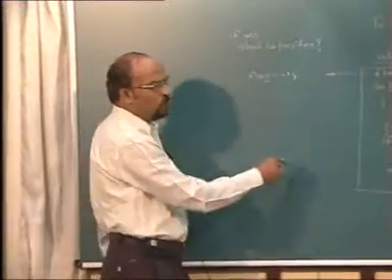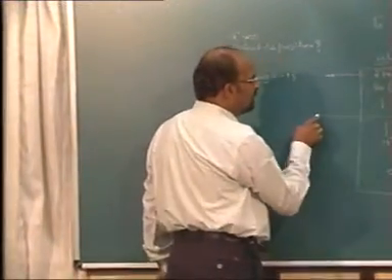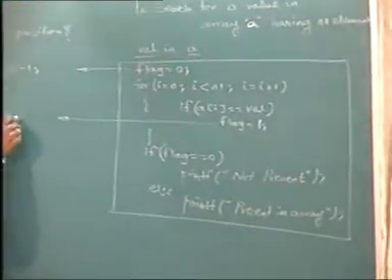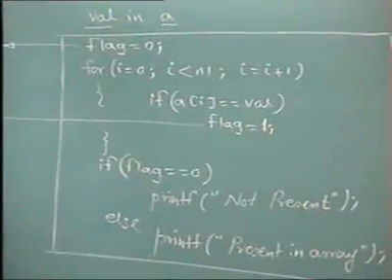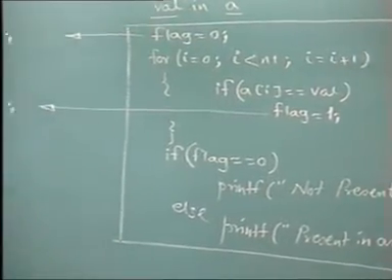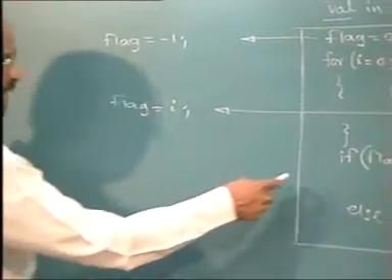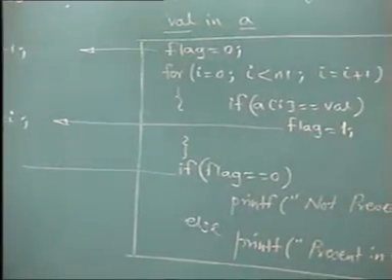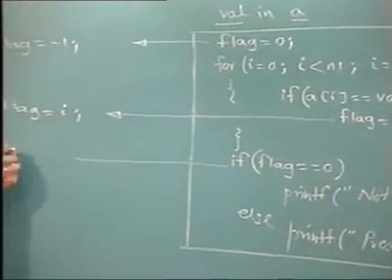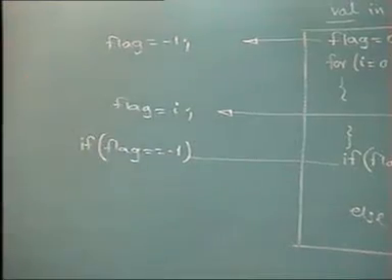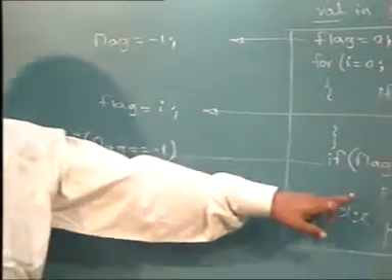I will run the loop in the same way. I will modify this statement and say that let flag take the value of I. So whenever it matches, flag will take up that value. And outside I will check, I will change this condition, that if flag is equal to -1, what was initialized has not changed, then it is not present.